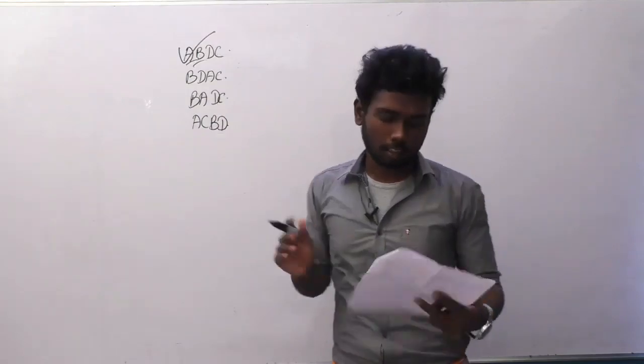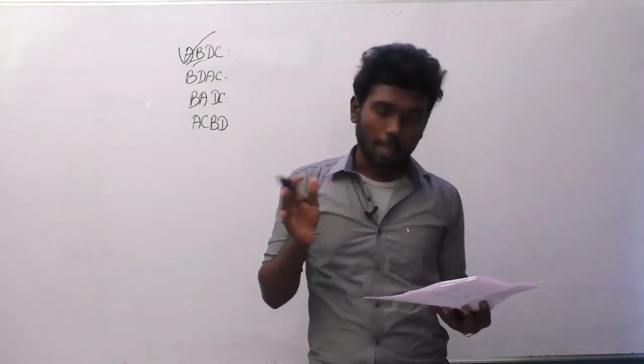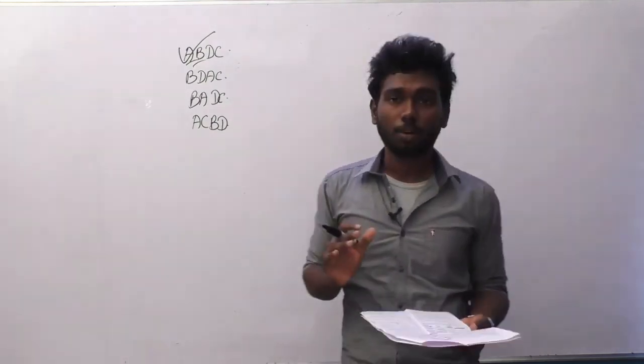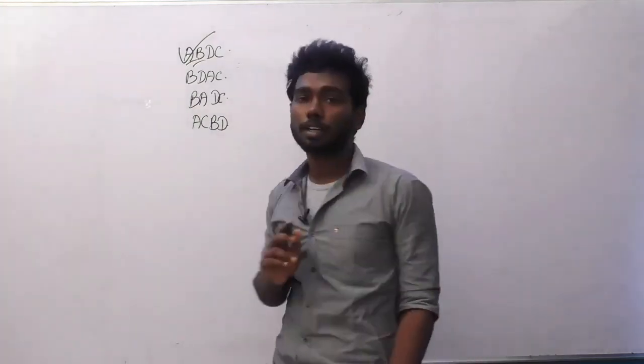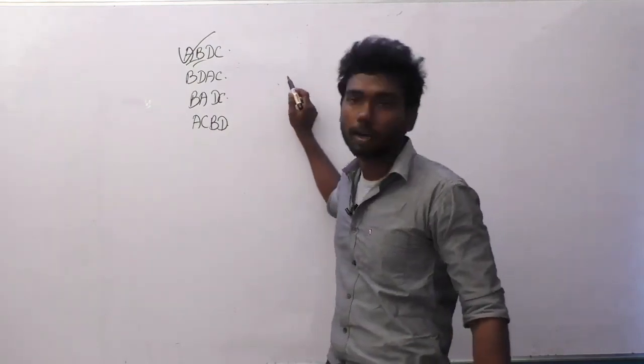I think you can understand this. Let's move on to the second question. This type of question is very easy, and there are certain clues in this question. With those clues you can find it easily. You might have watched the previous video I taught on the clues to solve para-jumble questions.